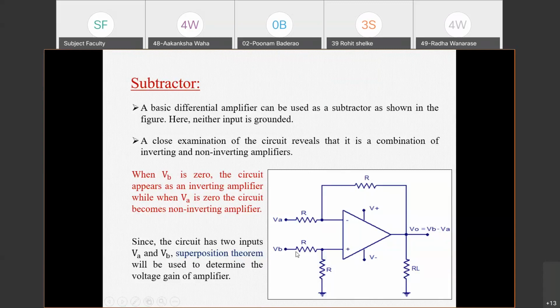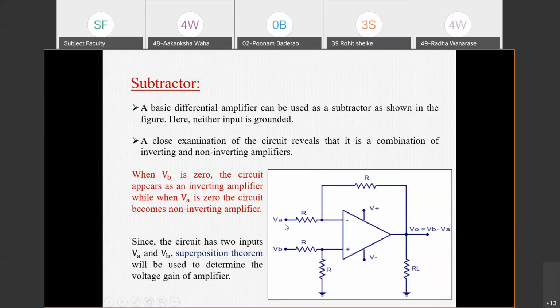Since there are two inputs, we will study two cases. In the first case, we consider VA as our primary input and VB will be grounded, and we find the output when VA is acting alone.